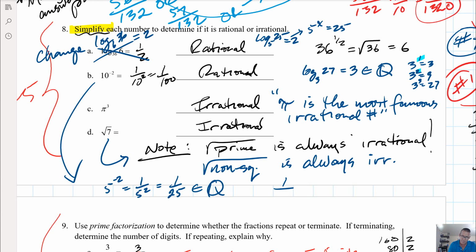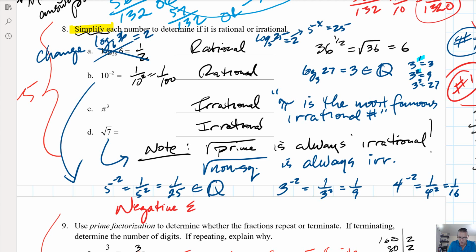If you have, I'm just making up some new ones here, 3 to the negative 2 power, that is 1 divided by 3 squared, which is 1/9, and that's rational. If you add 4 to the negative 2, that's 1 over 4 squared, which is 1/16th, and that's rational. So you have to use what's called the negative exponent rule, the negative exponent rule that you guys learned in Algebra 1 a couple years ago.